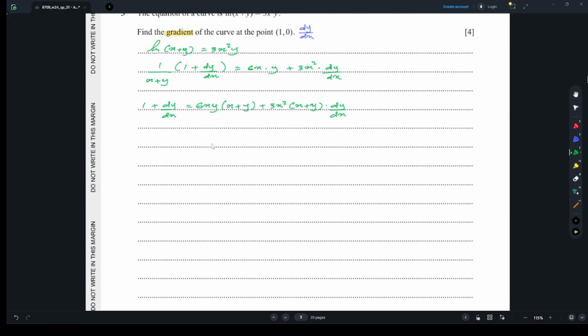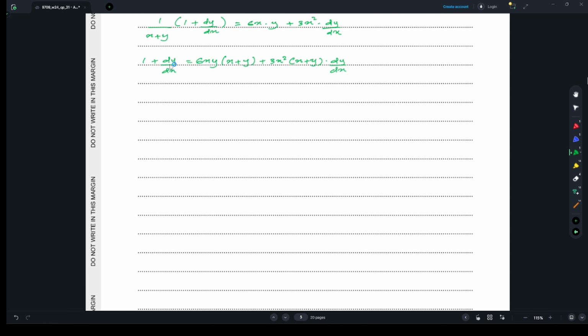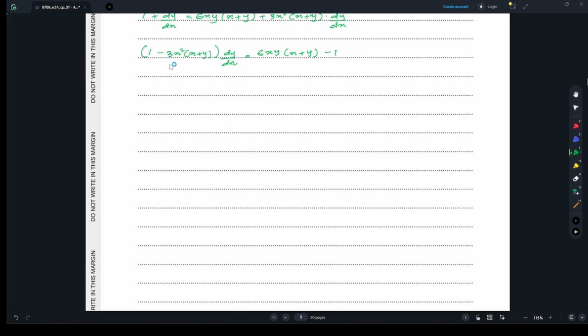And so we can take out dy/dx as a common factor. On the left side we have dy/dx, and when I take it out, (1 − 3x²(x + y)) dy/dx equals, on the other side, 6xy(x + y) − 1.